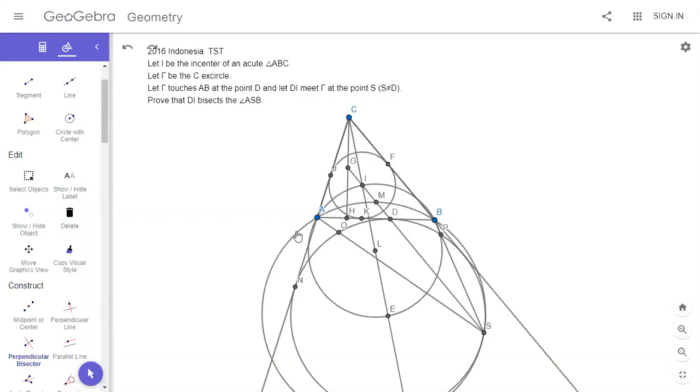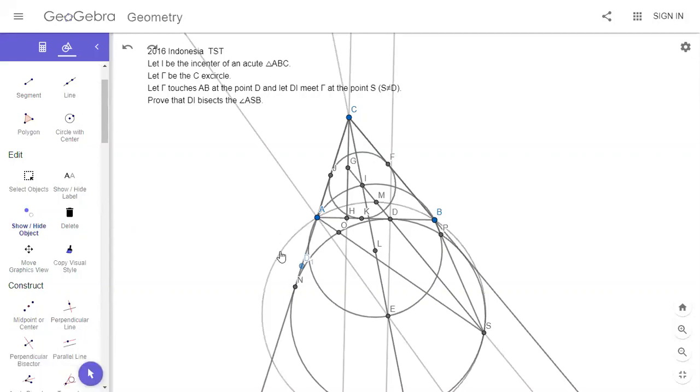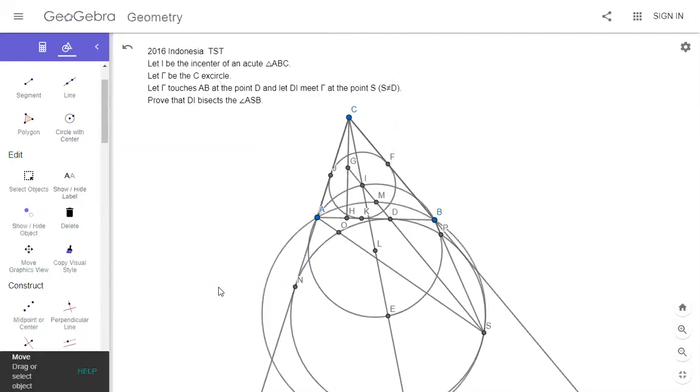So yeah, let me delete the circumcircle of SAB for now. Oh, do you have an idea? Arc DP and DO are equal. We want to show they're equal, right?